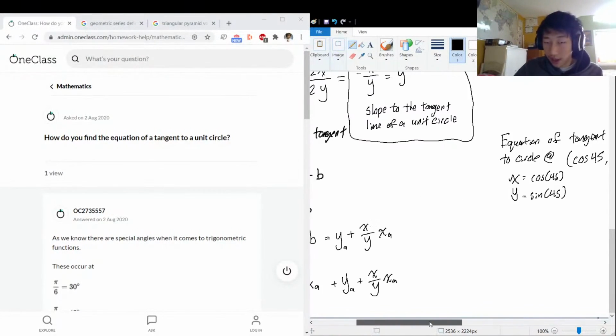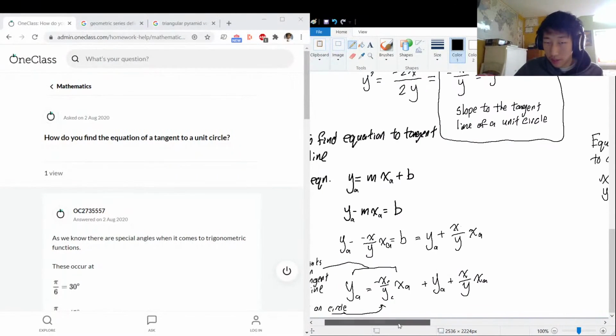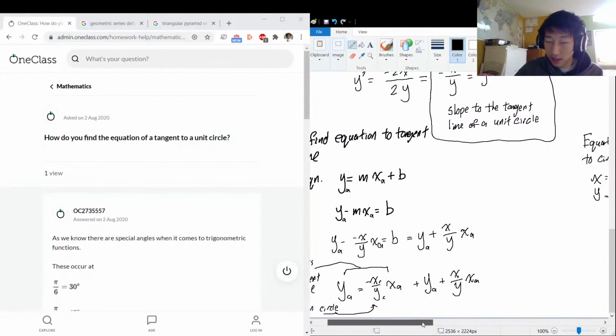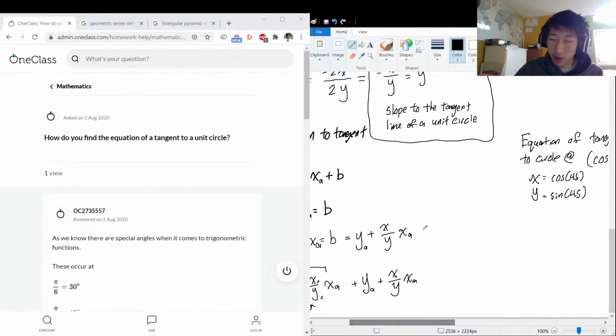Okay, given that, we can make some subs into our equation right here to solve for b. The x_a and the other ones are going to be the same.